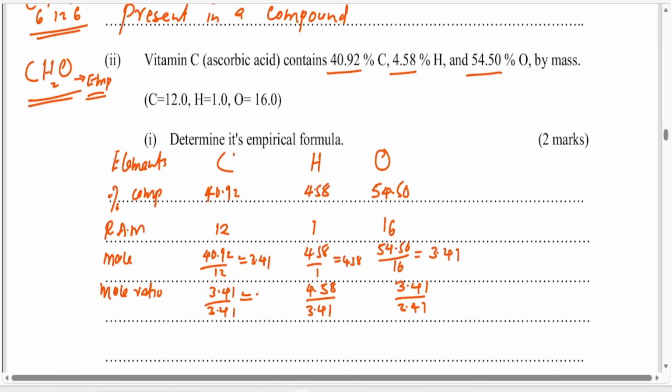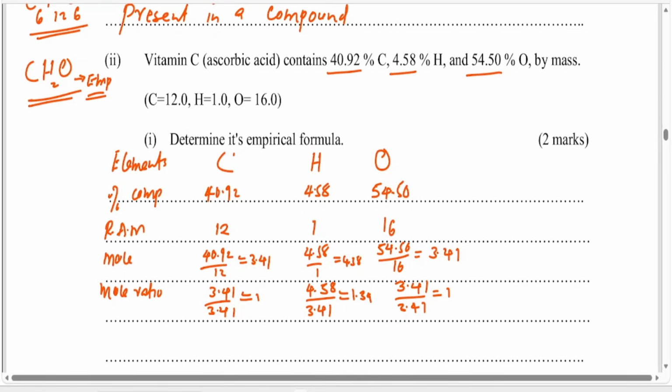The mole ratio here is 1 is to, when I divide 4.58, I get 1.34, and then 1. In this case, where we have 1.34, we always advise to multiply by 3 across.